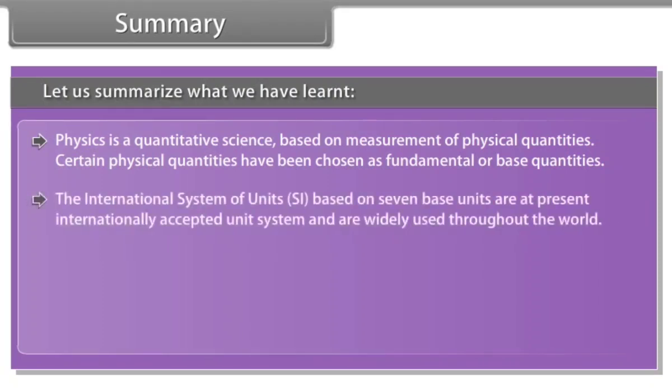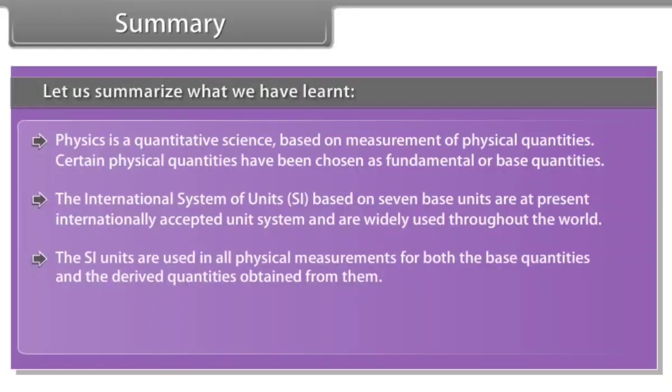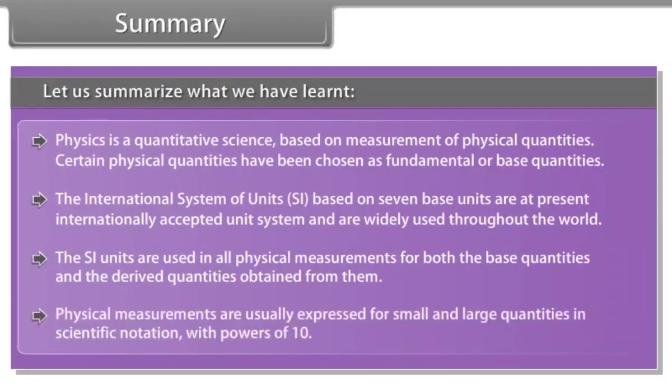The International System of Units (SI), based on 7 base units, are at present internationally accepted unit system and are widely used throughout the world. The SI units are used in all physical measurements for both the base quantities and the derived quantities obtained from them. Physical measurements are usually expressed for small and large quantities in scientific notations with power of 10.